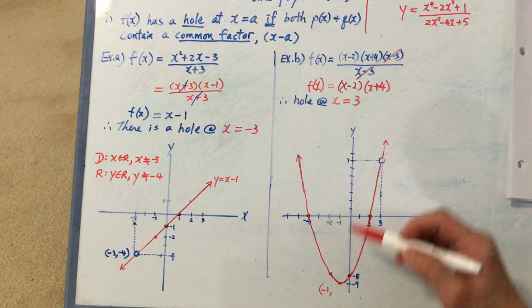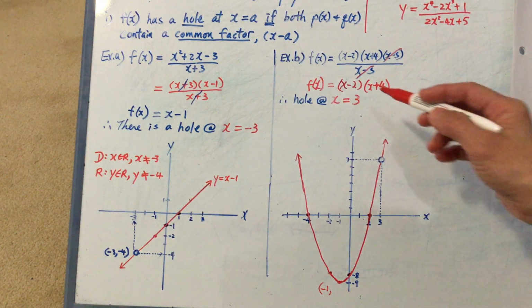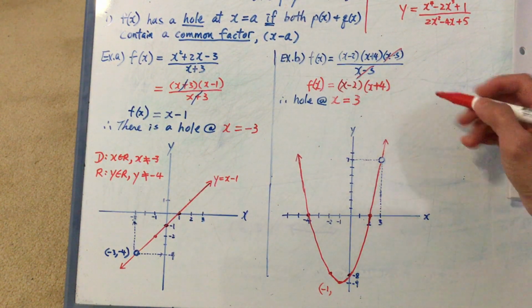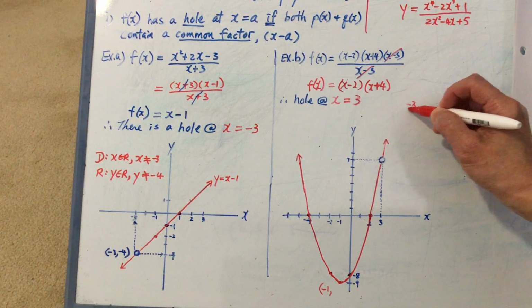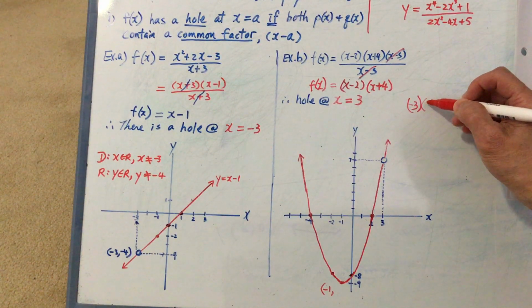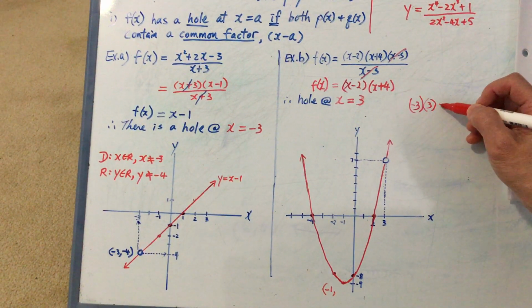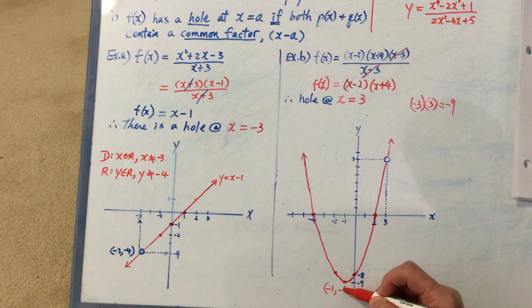When you sub in the negative 1 into the function, negative 1 minus 2 will be negative 3, and negative 1 plus 4 will give you a 3. So the y coordinate of the vertex will be negative 9.